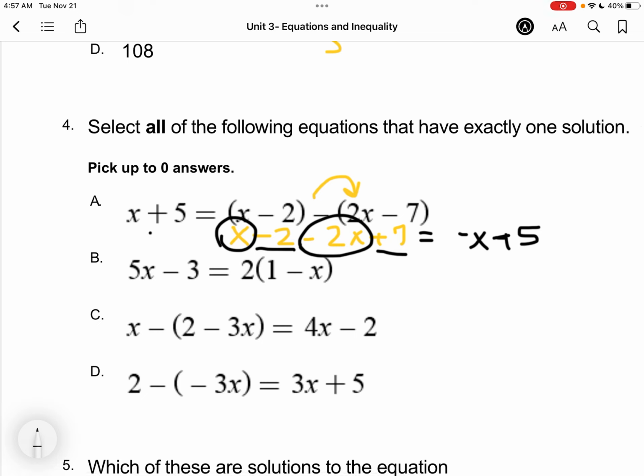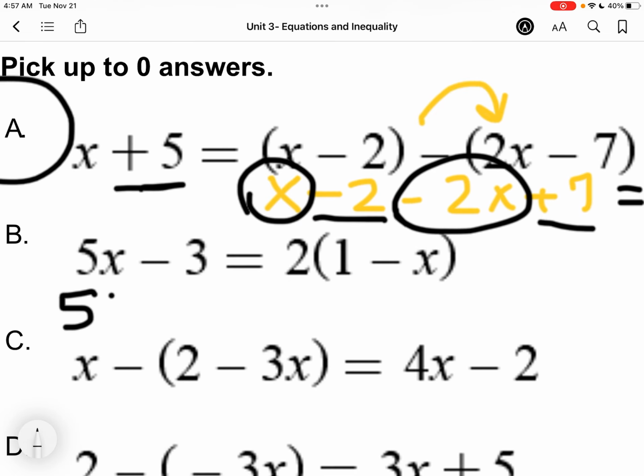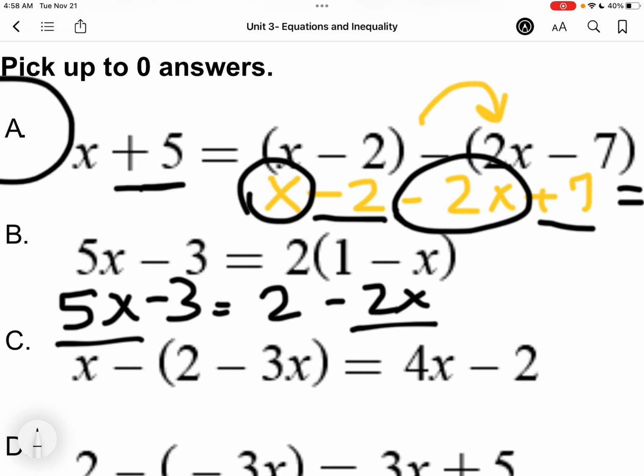So my coefficients are different, and my constants it really doesn't matter about. All right, so I've got 5x minus 3. Coefficients are different.